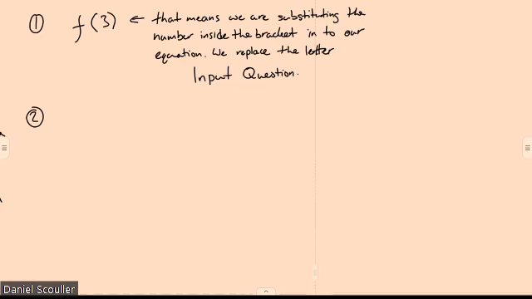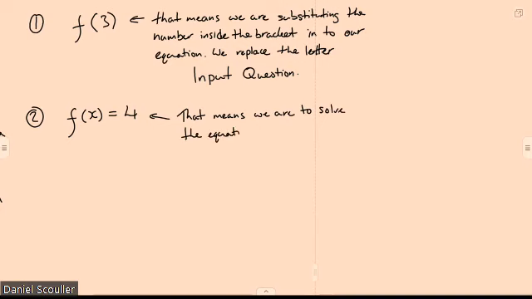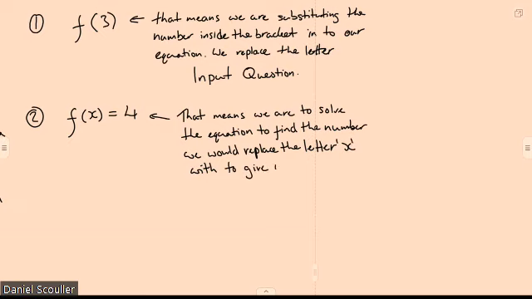Second type of question. When we've got f of the letter variable and it equals something, that means we are looking to solve the equation to find the number we would replace the letter x with to give us the solution.